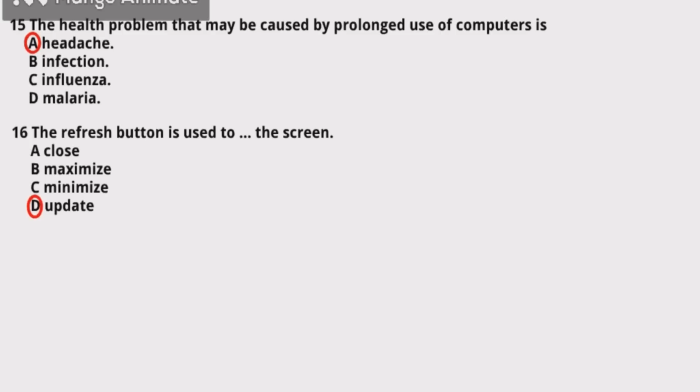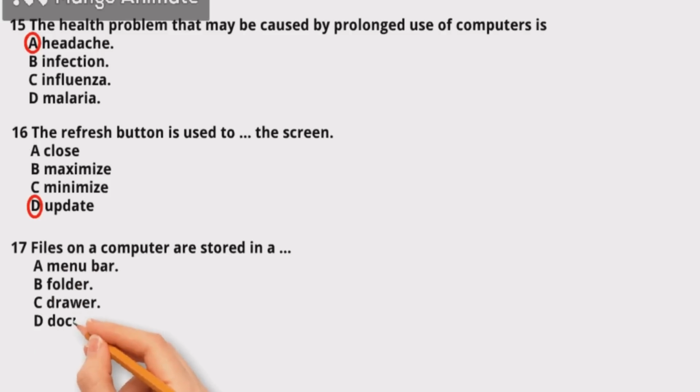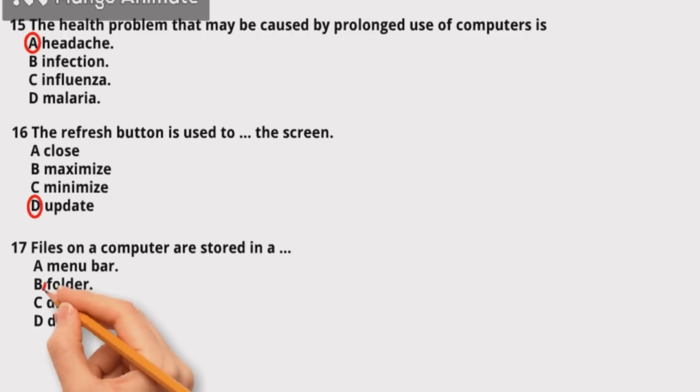Okay, we come to question 17. Files on a computer are stored in a dash. A, menu bar, B, folder, C, drawer, D, document. So files on a computer are stored in a folder.